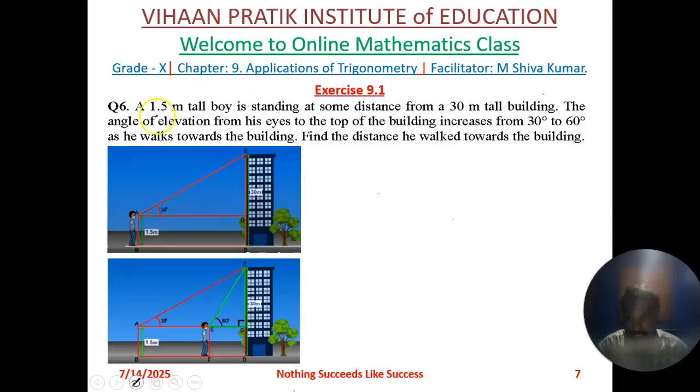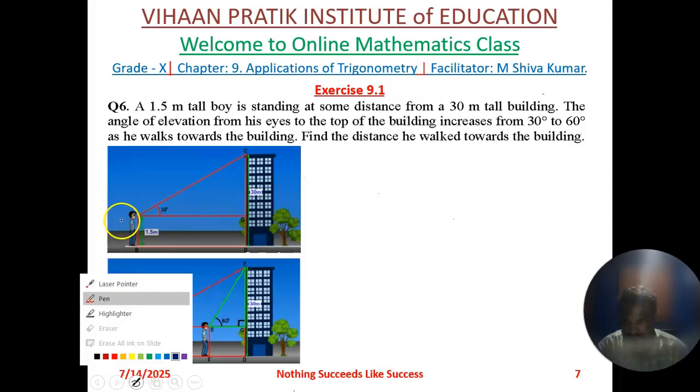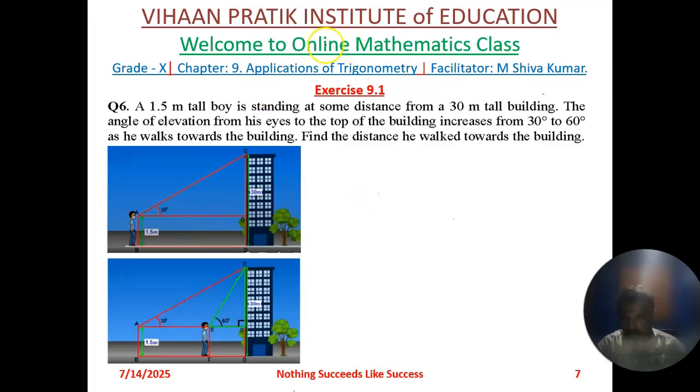Now the question is, there is a boy with height 1.5 meters, his height. There is a building or tower with height 30 meters. So the angle of elevation starts from the eye of the boy.